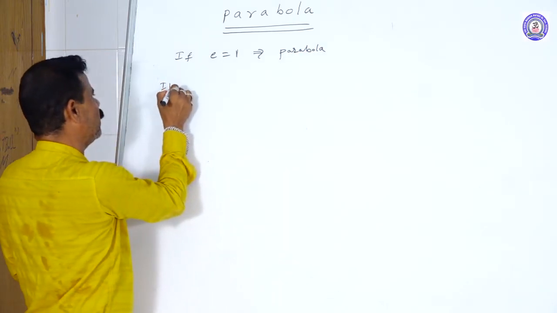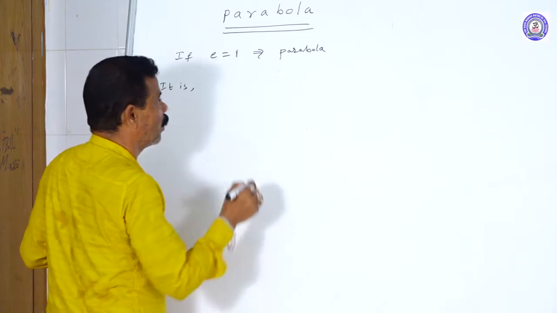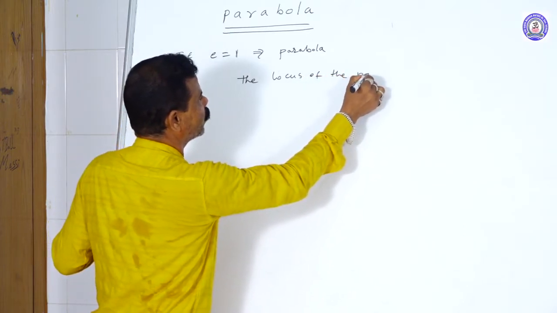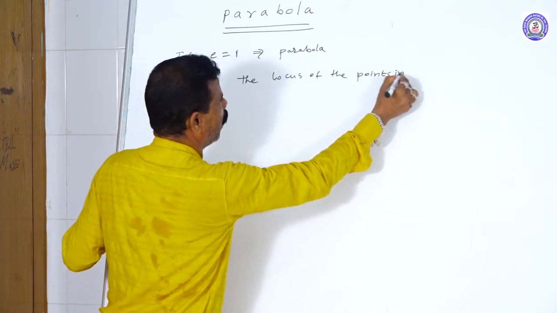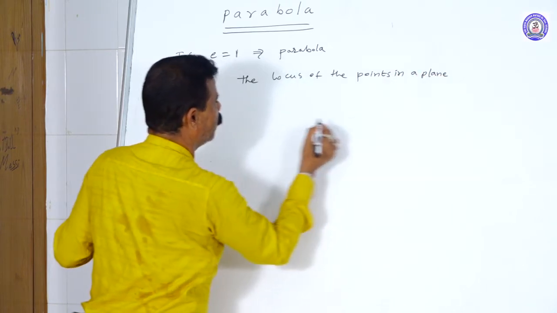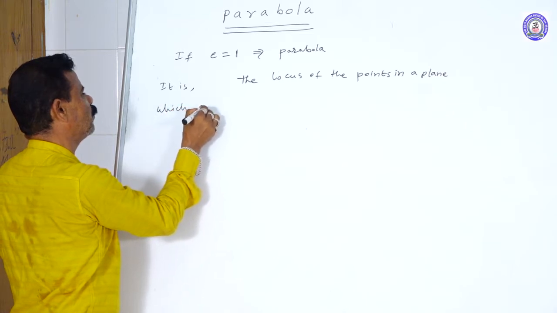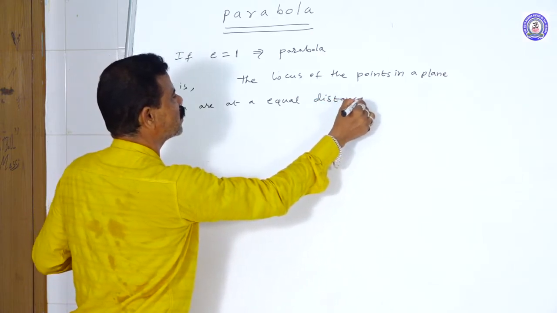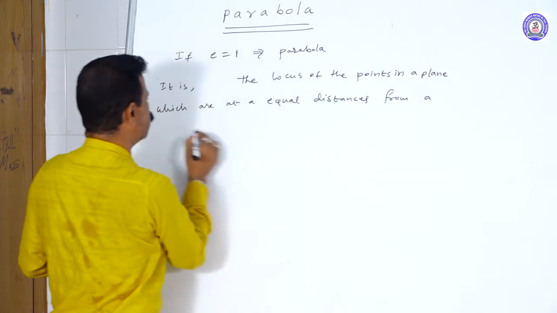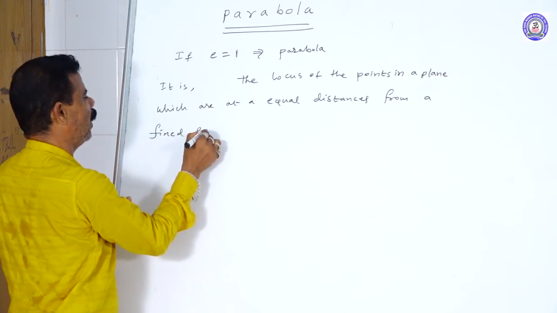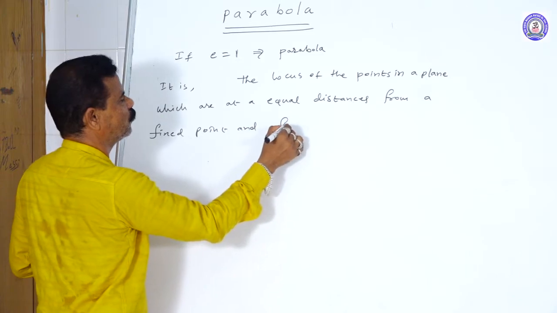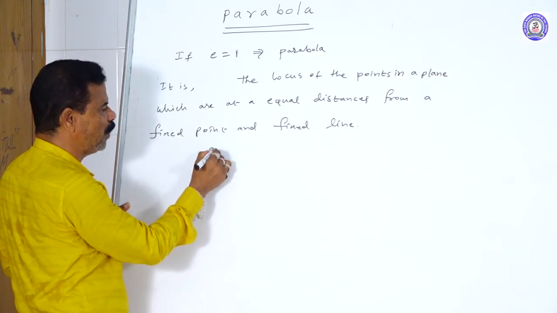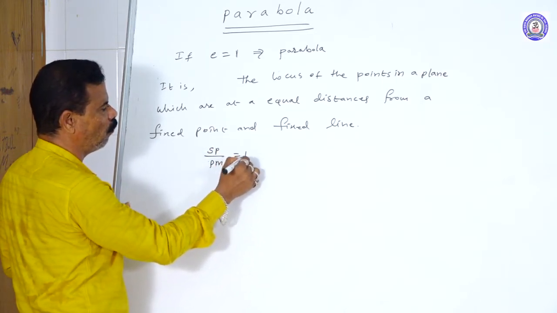In another way, it is the locus of the points in a plane which are at equal distances from a fixed point and a fixed line. That is, SP by PM is equal to 1.